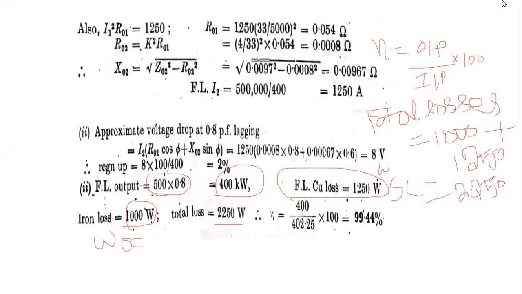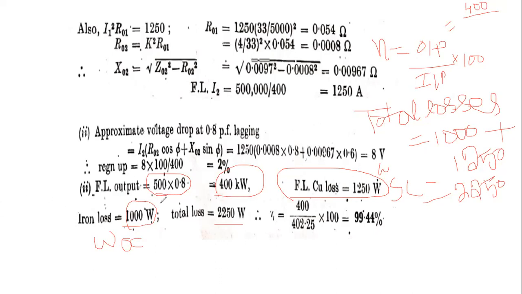We obtained the output and also the total losses, so we can easily determine the efficiency. What is the formula for efficiency? Output by input. What is the output? Output is equal to 400.